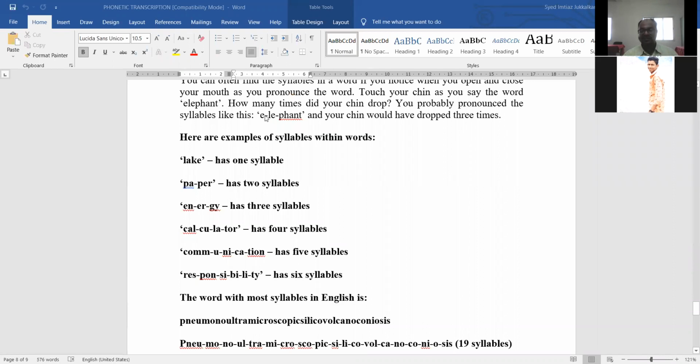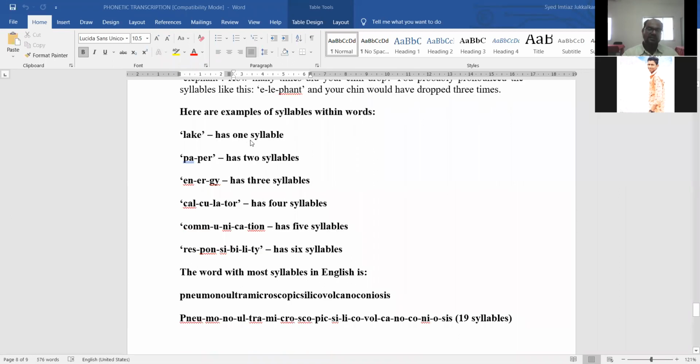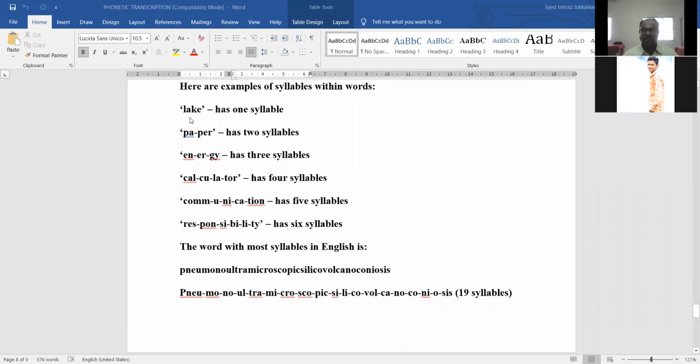Here is a word, elephant. E-L-E-P-H-A-N-T, elephant. या elephant यामध्ये किती syllables आहेत कसं शोधायचे? Elephant. 3 syllables. One beat, second beat, third beat. Here are some examples. This is the word lake.